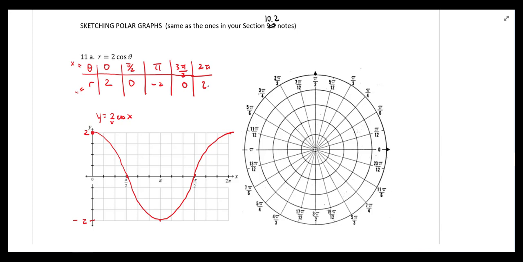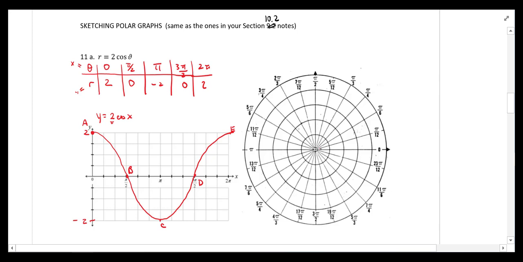So, what's next? Points A, B, C, D, E, and I want to show you how these points are now plotted on the polar grid. The coordinate of A, which is 0, 2, is represented on the polar grid as, once again, 0, 2.